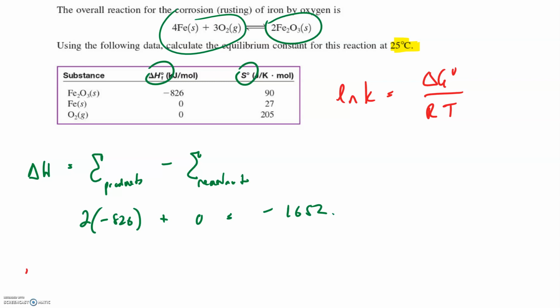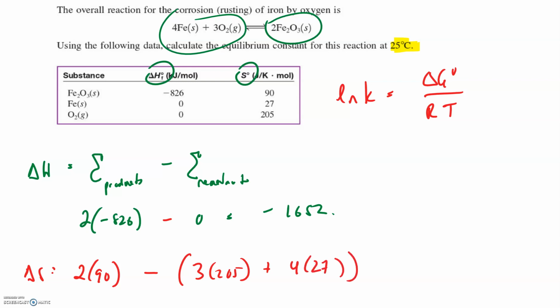Do the same thing with our delta S. This one's a little bit more involved. We're going to have 2 times 90. That shouldn't be a plus, it should be a minus. Minus 3 times 205 plus 4 times 27.